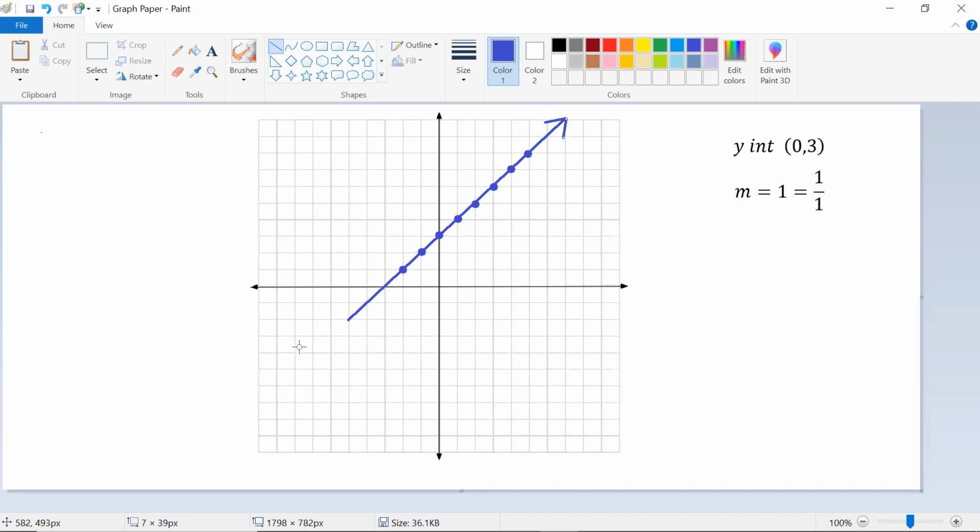I'll extend it forever in both directions. So there you go. Now we see this equation of the line. So that's how you graph in slope by using slope-intercept form.